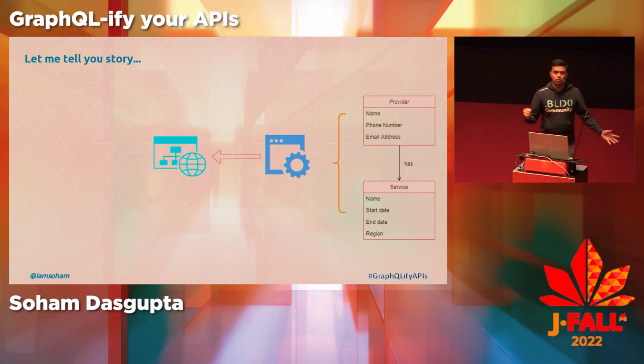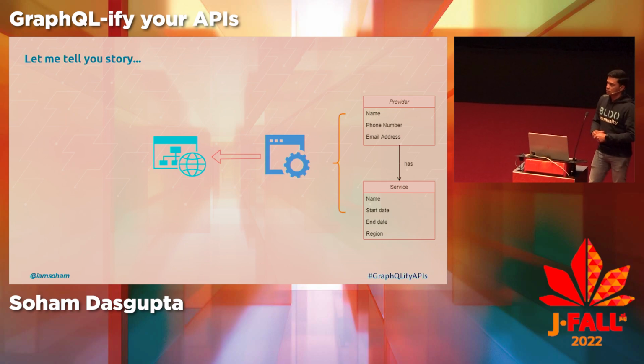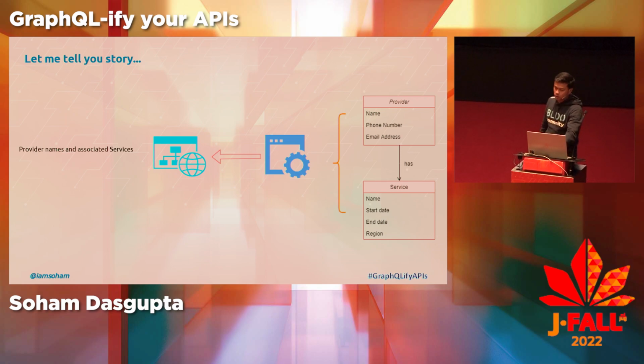We are all aware of REST APIs. So once upon a time, a project I worked in had a simple data model, provider, and they provide services. Nothing very tricky about it. We created services on top of it. There were endpoints to retrieve services. There were endpoints to retrieve providers. But then came the requirements. Can we have only provider name associated with the services? Yes, you can.